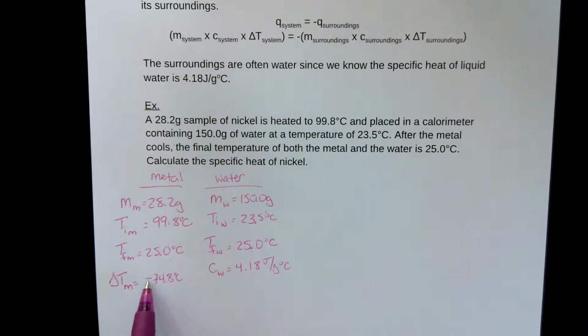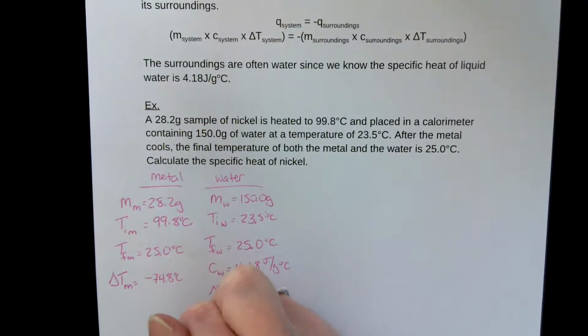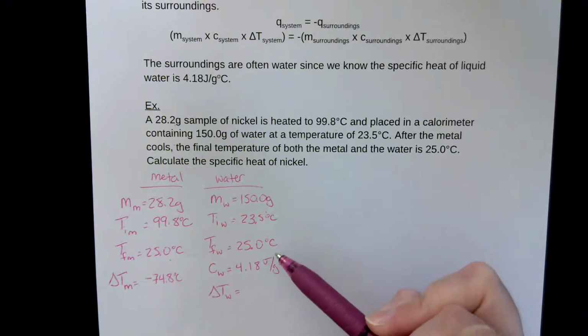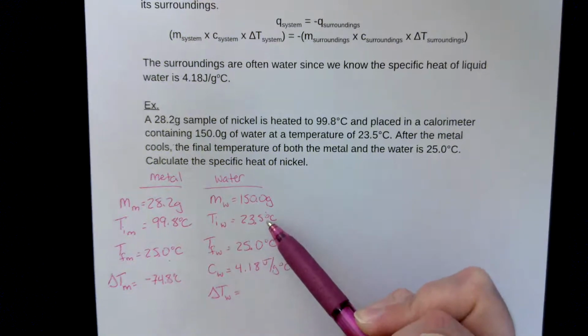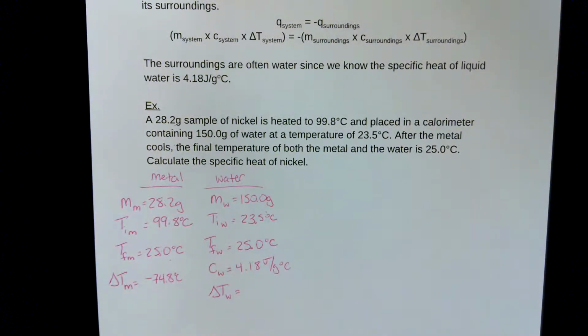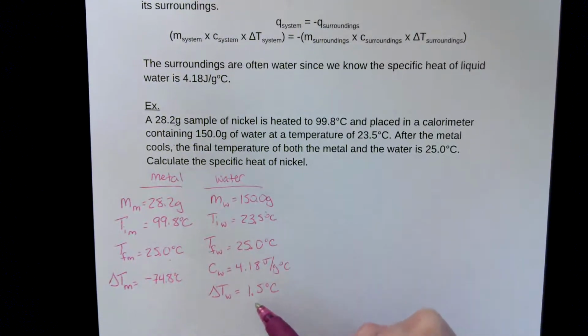And that negative sign makes sense because the metal is cooling down. We are losing heat. So negative makes sense there. The delta T for the water, on the other hand, is 25.0 minus 23.5, 1.5 degrees Celsius. The water heated up, so it makes sense that the delta T is positive here.